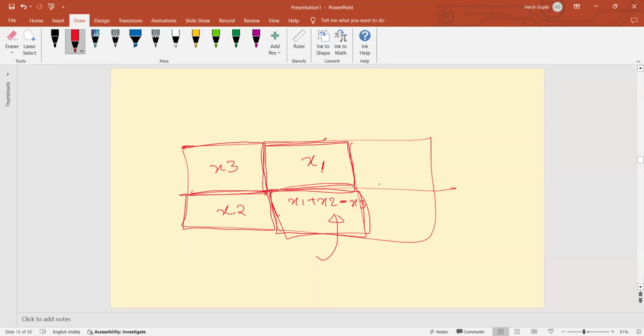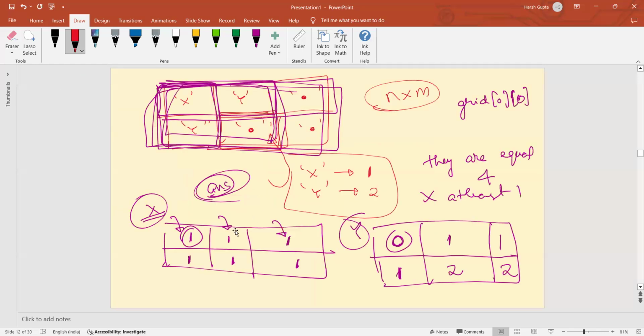And why am I able to say that? Just see. When I was calculating the answer for this particular block, it was nothing but the number of X till here, the number of X in this particular block, isn't it? When I was writing the answer for this particular I comma j, this was the block I was considering. Similarly, when I was writing the answer for this other block, I was considering this particular block.